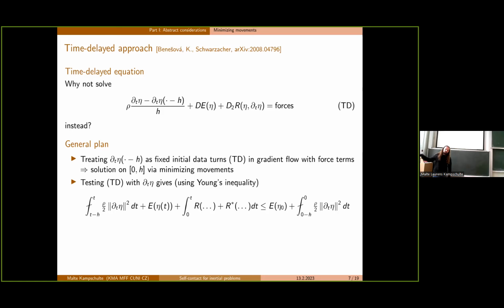So this is good. If there's some coercivity, this gives us uniform estimates, which means we have a uniform estimate on the interval 0 to h.